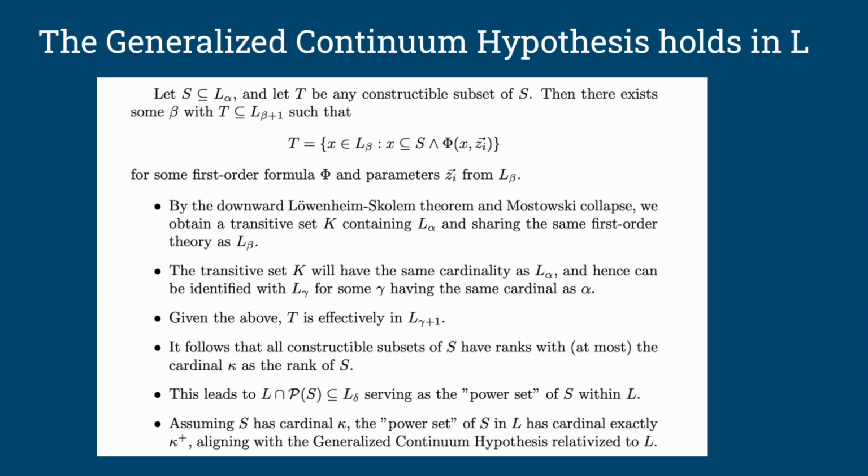And so finally, assuming that S has cardinal kappa, the power set of S in L has cardinal exactly the successor of kappa, which perfectly aligns with the generalized continuum hypothesis relativized to our universe L. So basically this proves that the generalized continuum hypothesis holds in this constructible universe L.